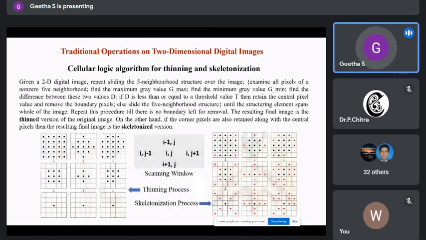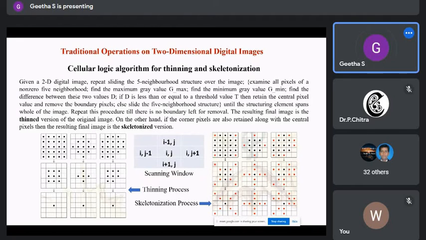Next one, cellular logic algorithm for thinning and skeletonization. So now we are applying it to 2D digital images. The given formula is a 5 neighborhood structure over the image. It is also another main example. For all the pixels of the non-zero 5 neighborhood, find the maximum gray value G max and the minimum gray value G min.